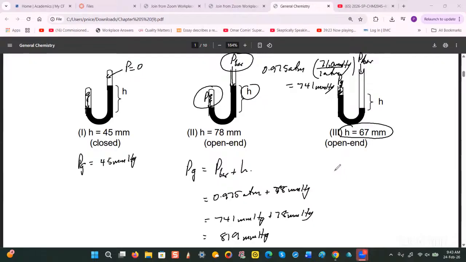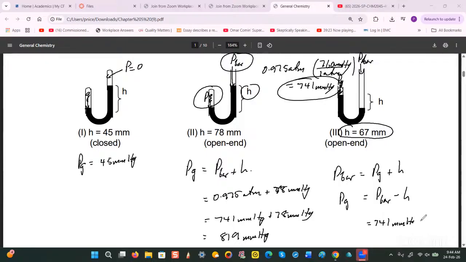So we can write down the relationship as P bar is equal to PG plus the H, right? And in this case here, the pressure of the gas is what we're trying to find. So I'm going to rearrange this to get PG is equal to P bar minus H, right? Now P bar we calculated earlier as being equal to 741 millimeters mercury.